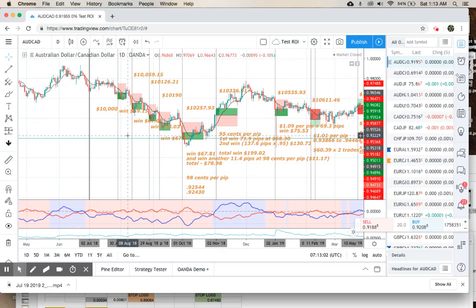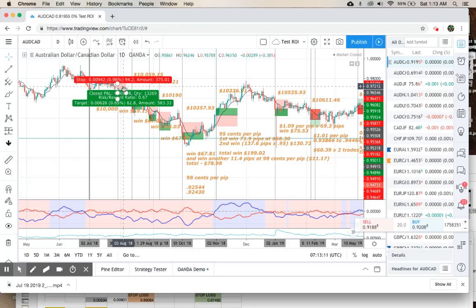I'll show on a fresh chart, but basically, I just started with $10,000 and then figured out 1% risk on 94.2 pips. $100 would be 1% divided by 94.2, and then I would be doing two trades at however many cents per pip, to equal the two halves of that 2% trade, 1%, 1%.